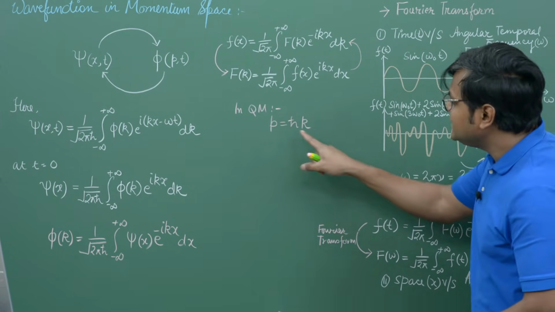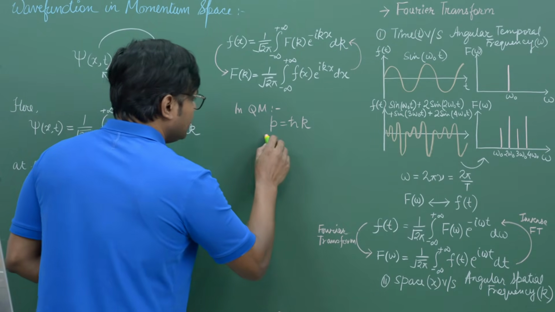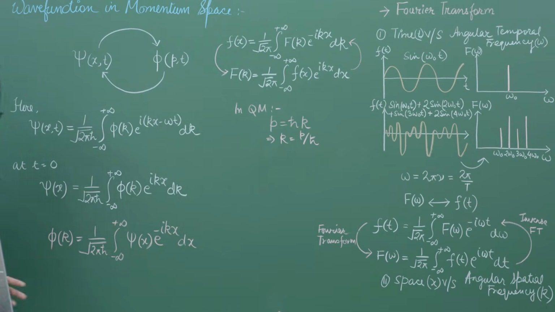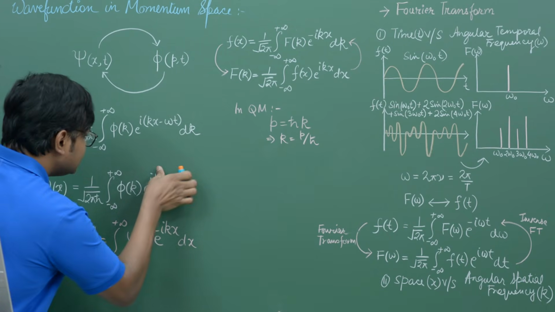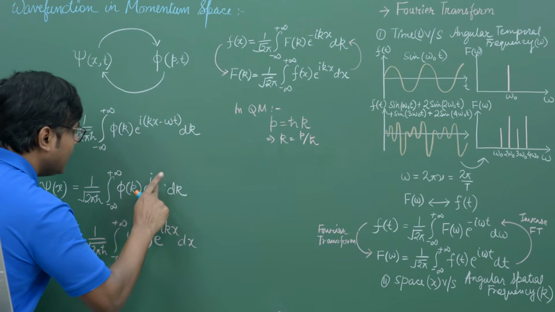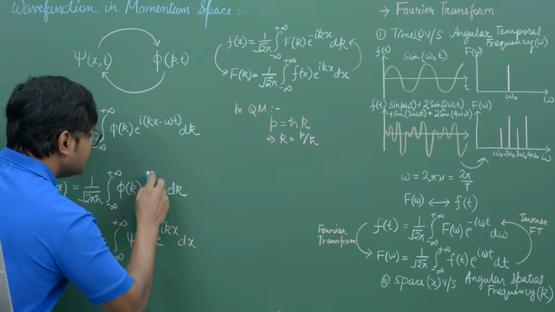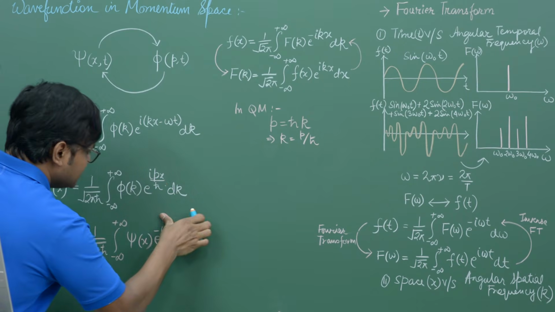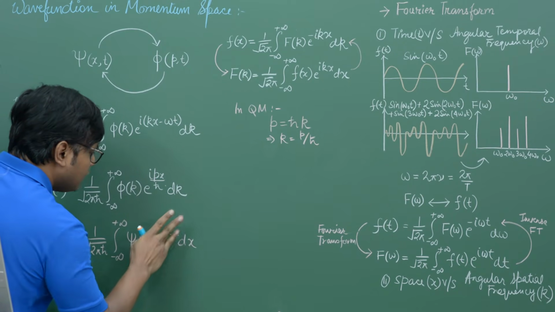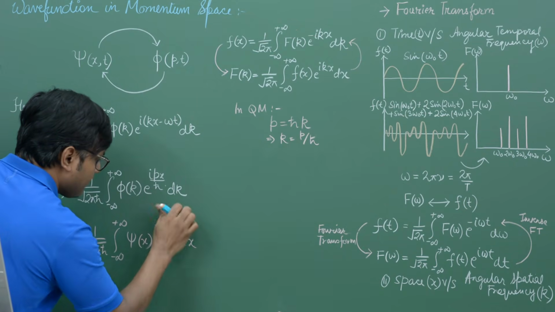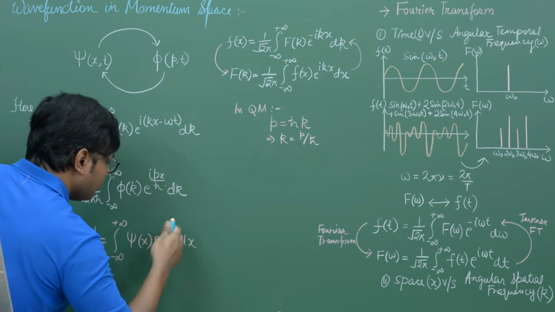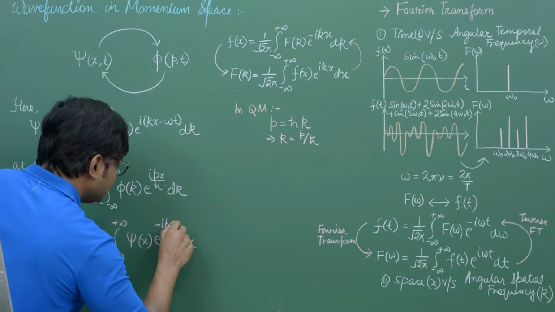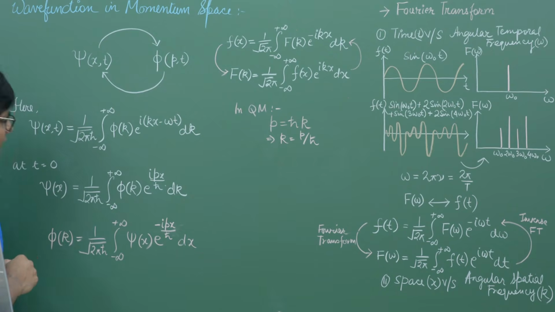But because k is equal to p upon h cut, I can make those necessary substitutions here, and I can say that this exponent is minus iota px upon h cut.